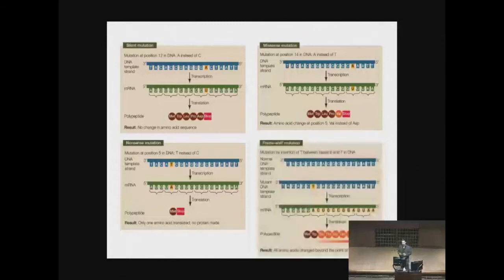There's also a frameshift mutation, when we are not only talking about one single nucleotide, but by the time it gets to the mRNA and goes to translation, it affects a larger fragment of the DNA and therefore a larger fragment of your chromosome. And they can be really problematic.